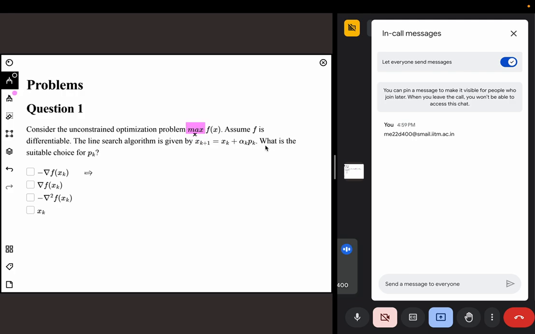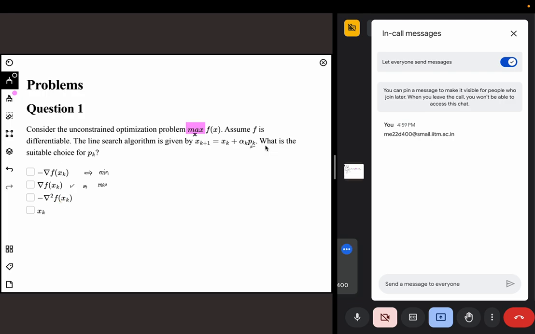The previous one is a minimization problem. So when we are trying to maximize a function, we have to move in a direction in which the function value increases. So I have to move in a direction in which the gradient is positive. So this pk should be in this particular direction. This is for a minimization problem. This will maximize the value of f because along the gradient direction f will increase.